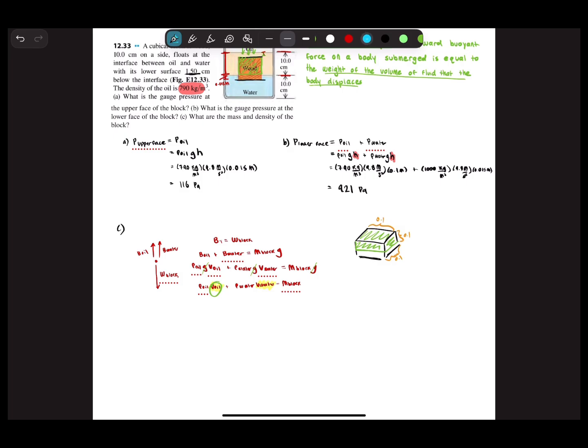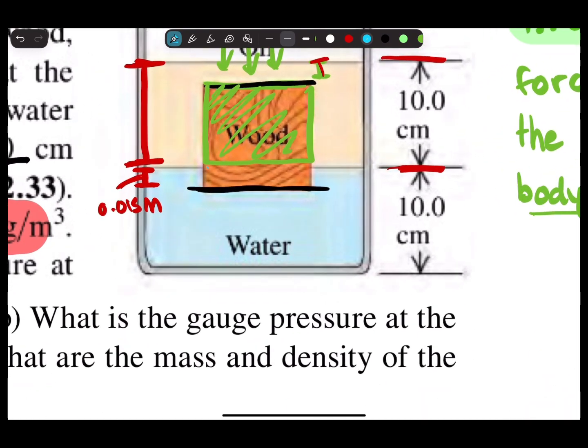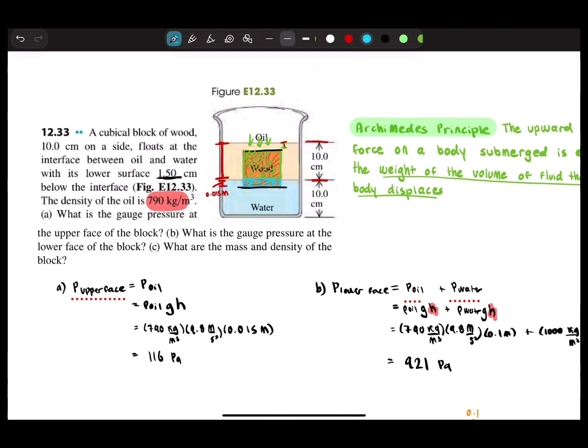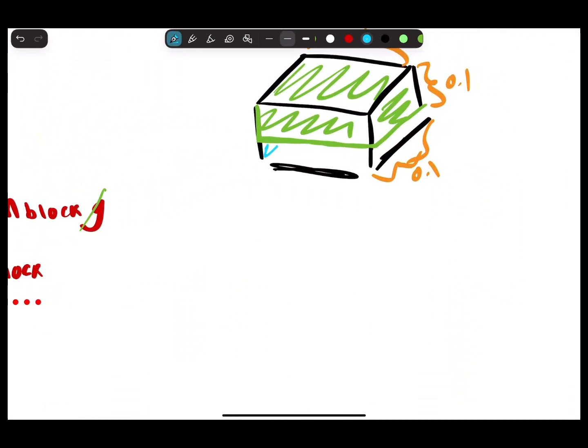Now, if we are talking about the volume of water displaced, that's going to equal the volume of the cube that is displacing water. So this chunk right here.